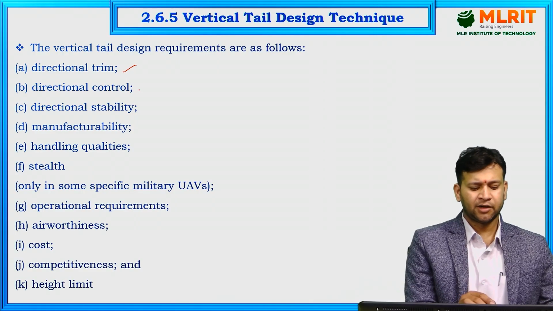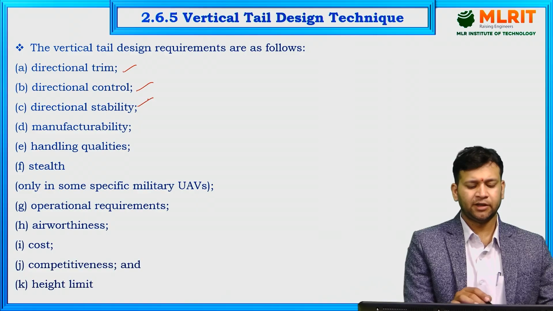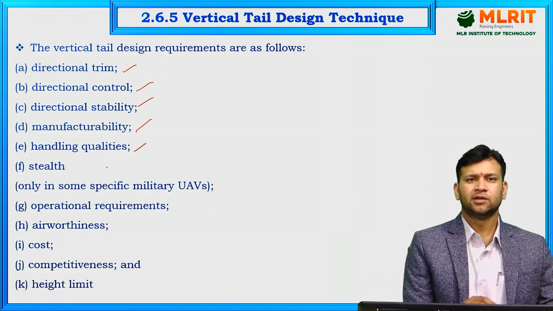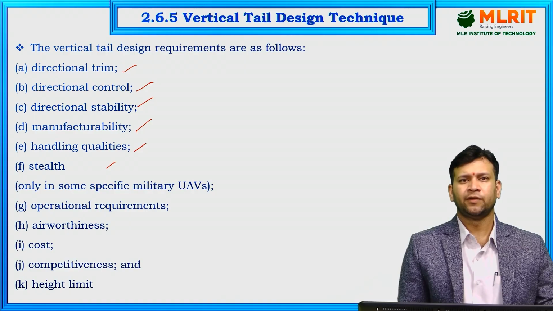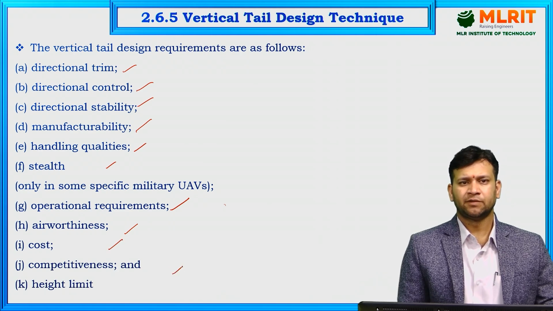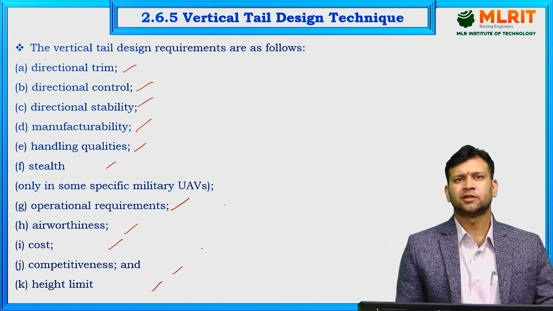Then directional control, directional stability, manufacturability, handling qualities, stealth nature, which is only for specific military unmanned air vehicles, operational requirements, airworthiness, cost, competitiveness and height limit. These are some areas which we should be considering during vertical tail design requirements.